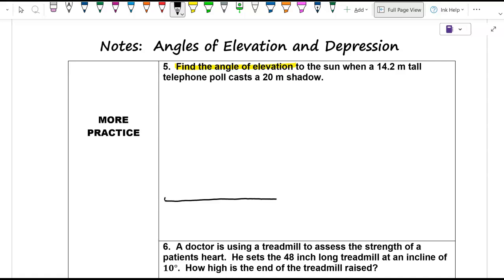I have some telephone pole that I can't draw very well. I've got my sun here just beyond my telephone pole.